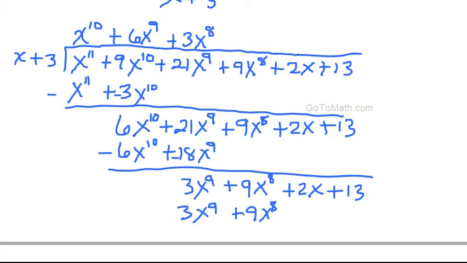3 times 3 is... So we got minus, that's going to be 0, 0. We're going to be left with a 2x here. X goes into this, that's going to be plus 2. And what happened to this guy?